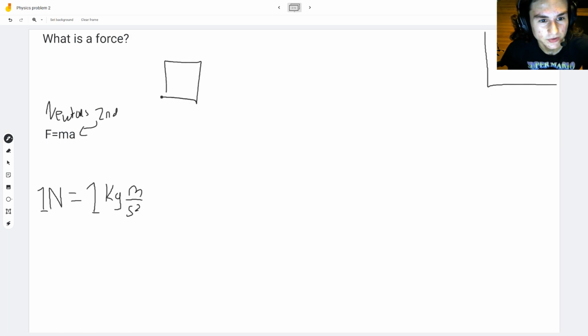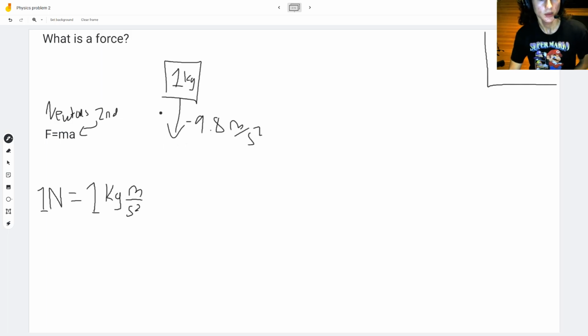I'll give an example. So if you have a 1 kilogram block and say it's falling, which means it's going at negative 9.8 meters per second squared, which is the acceleration. Basically, if our y is in the positive, that's going down.